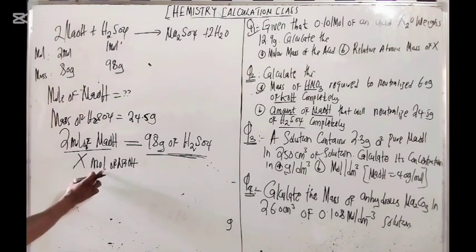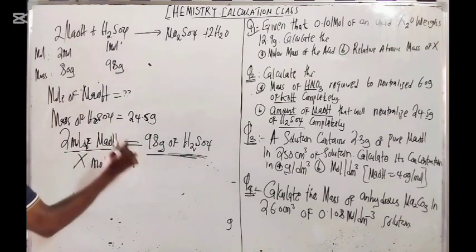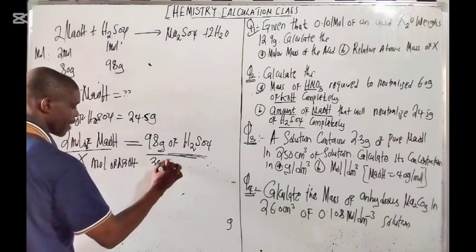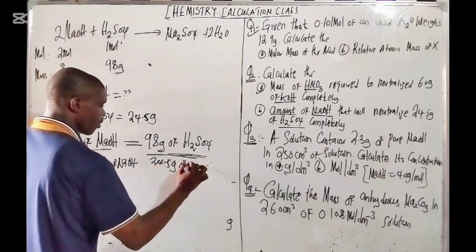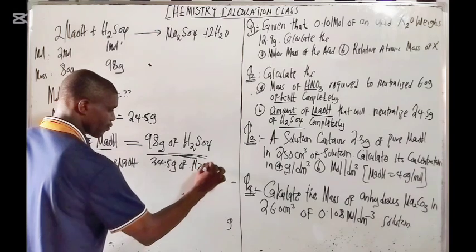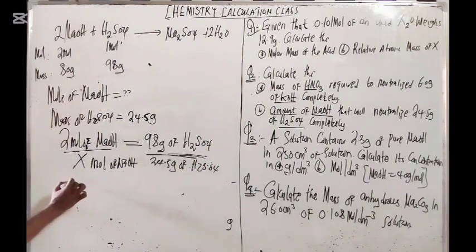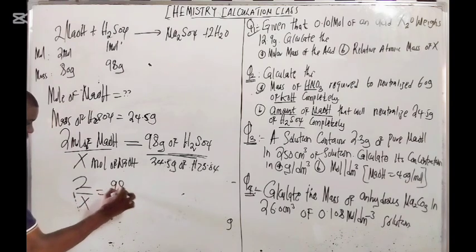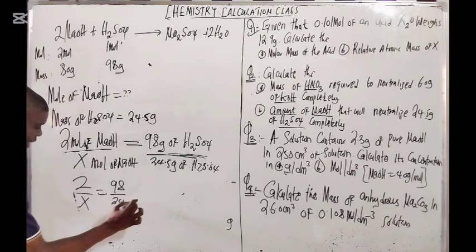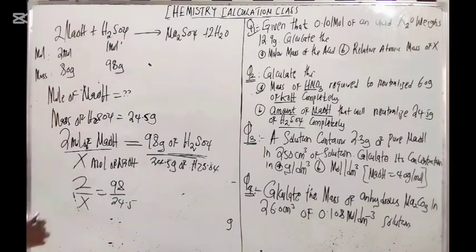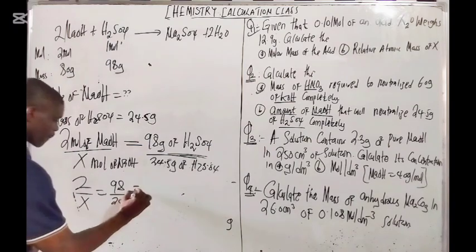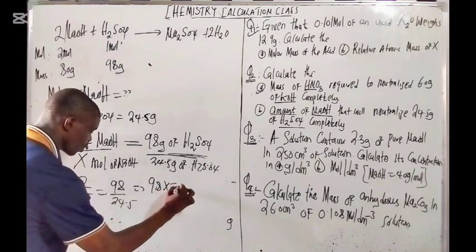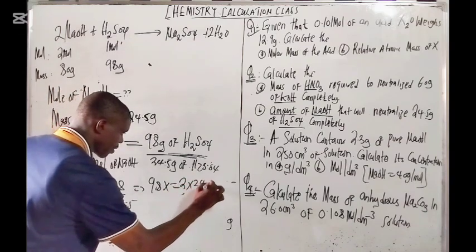Now what is the value here? Here we have 24.5 grams of H2SO4. We just take this one here. Here we have 2 over X equals 98 over 24.5. Make X the subject of the formula. You have to do 98X equals 2 times 24.5.